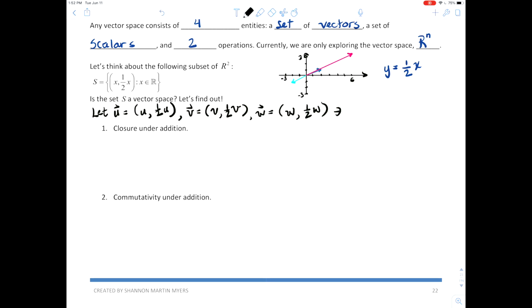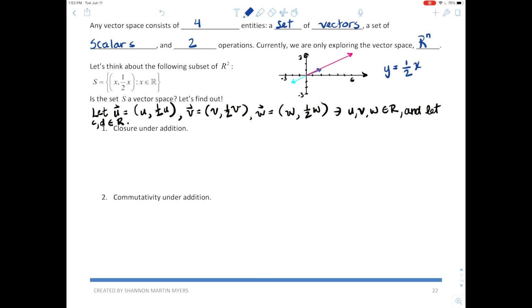Such that u, v, and w, these components, belong to the real numbers, and let c and d also belong to the set of real numbers. So now we're all ready to go. If you don't feel confident enough to outline that right away, it's okay. All you have to do is leave some space up top, and if you find out you need another vector, just add it in, all right?